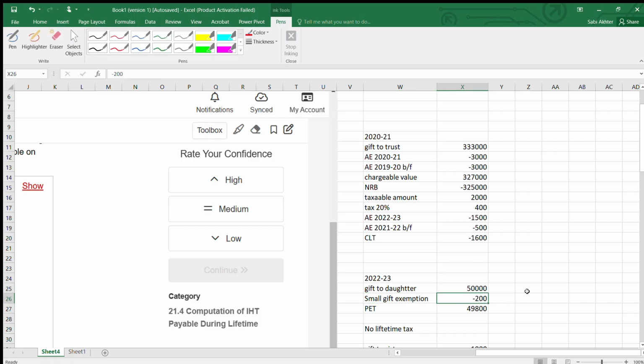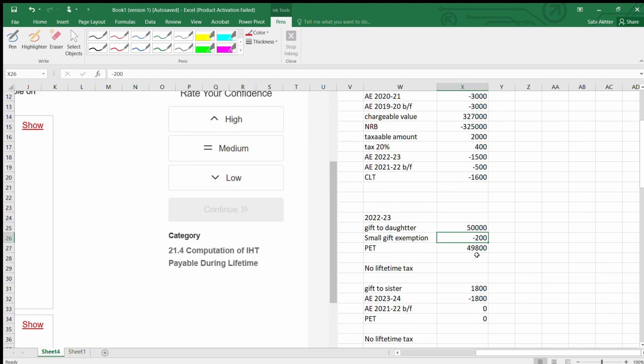So this 50,000 will be reduced by the annual exemption of 22-23, then 21-22 brought forward, minus 3,000 each.